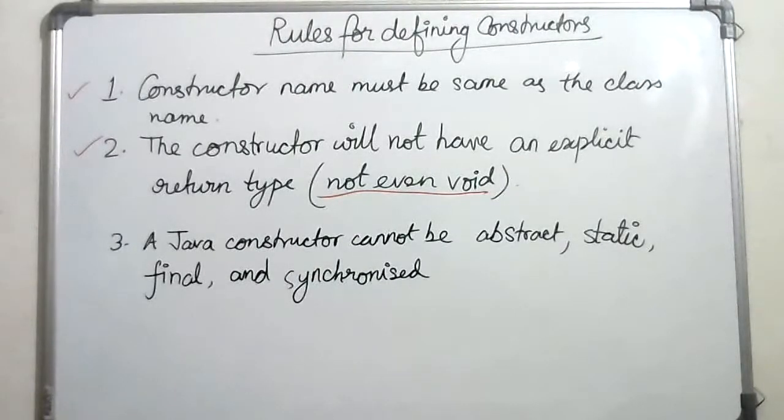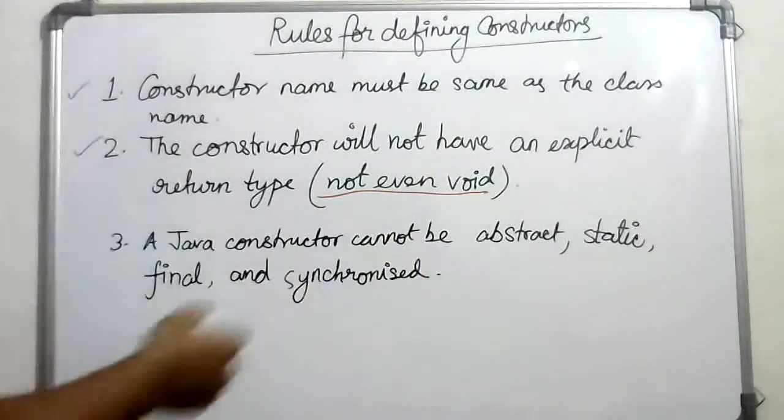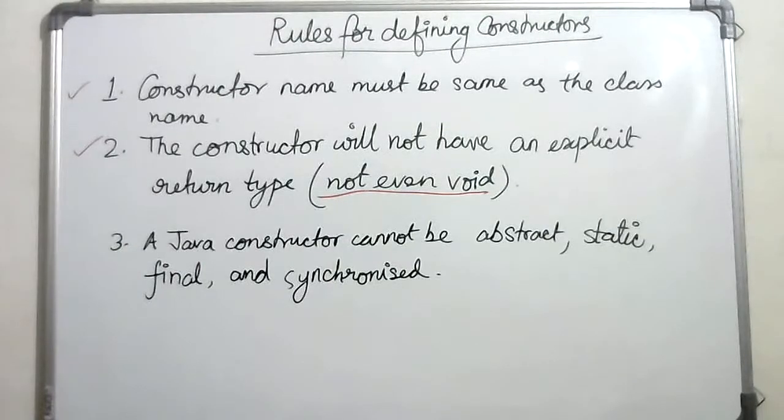But just know that the constructor cannot be abstract as well as synchronized. I'll not talk about abstract and synchronized. Just know as a fact that a Java constructor cannot be defined as abstract, static, final, and synchronized.